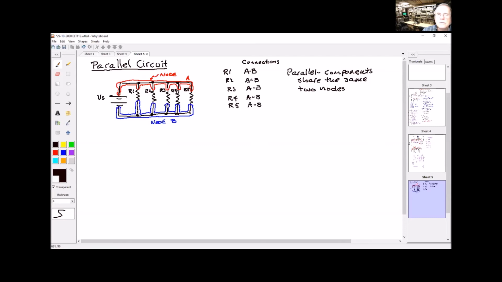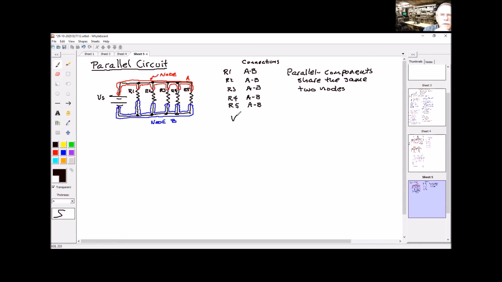If I see two resistors that share one lead together, but the other two leads are different, I know those are in series. So we'll use that as a double check to figure out our series and parallel connections when we get to series-parallel circuits. If I introduce it now, it'll be second nature to you by the time we get to do it. So a parallel component shares the same node.